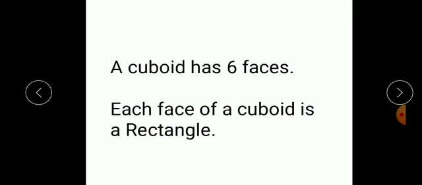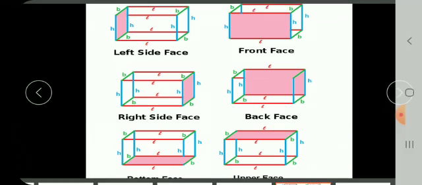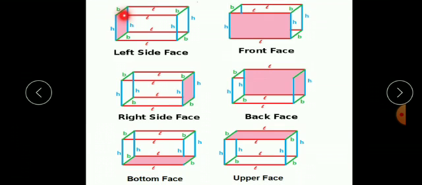So how many faces does a cuboid have? A cuboid has 6 faces. Let's see once again: 1, 2, 3, 4, 5 and 6. Now let's see the shape of these faces.